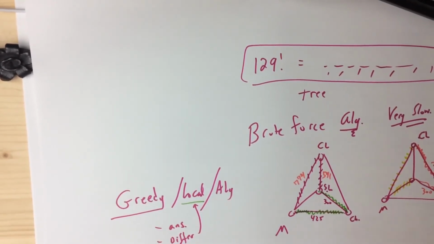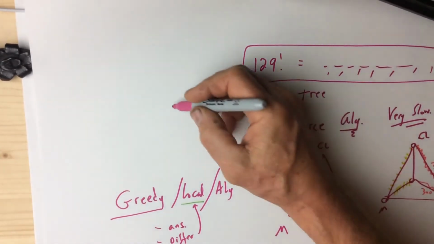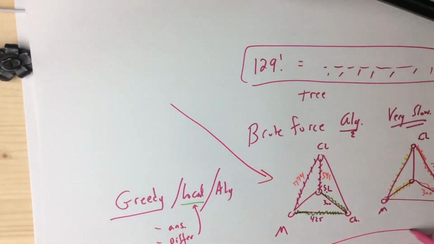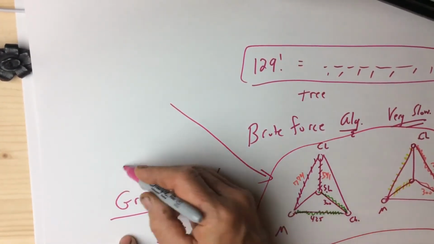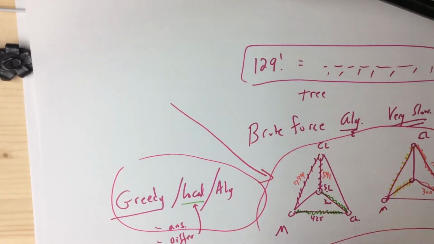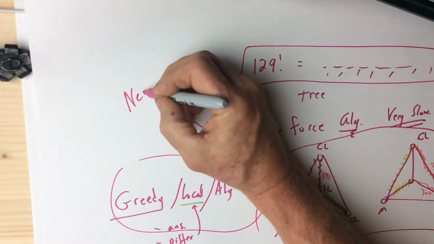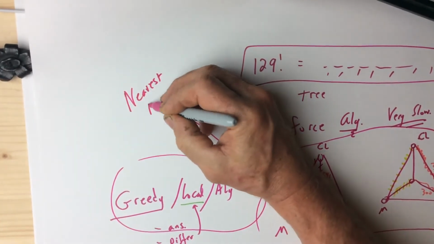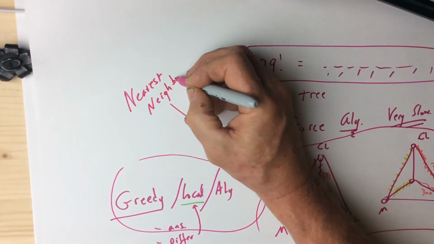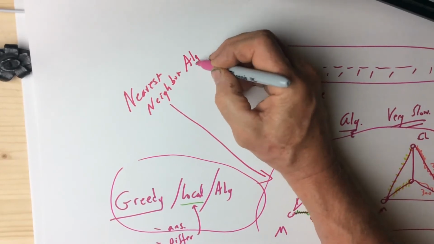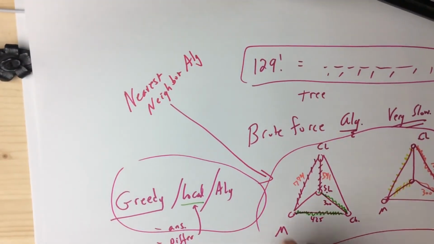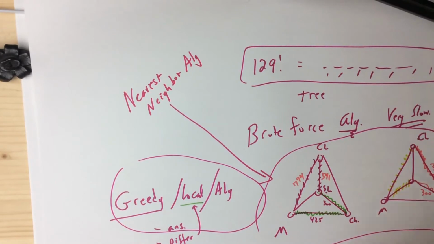Well, before I go on to using all of the information, I want to point out that this algorithm that we just did has a very simple name. It's called the nearest neighbor algorithm. You're someplace and you simply ask the question, where's the nearest?